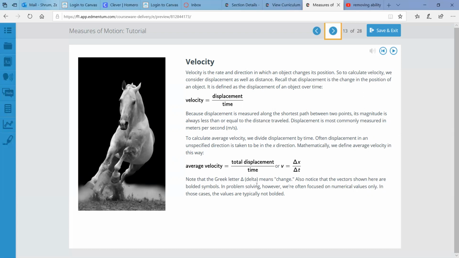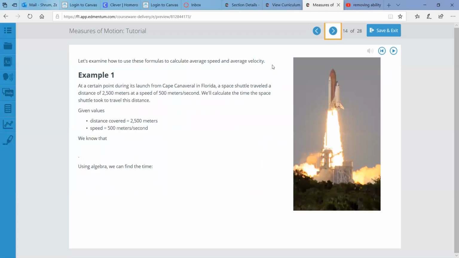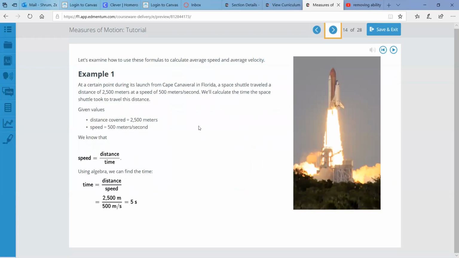And again, a reminder, delta, Greek letter for change. Also notice that the vectors shown here are bolded symbols. And in problem solving, we're often focused on numerical values only. So in those cases, the values are not bolded. So keep that in mind.